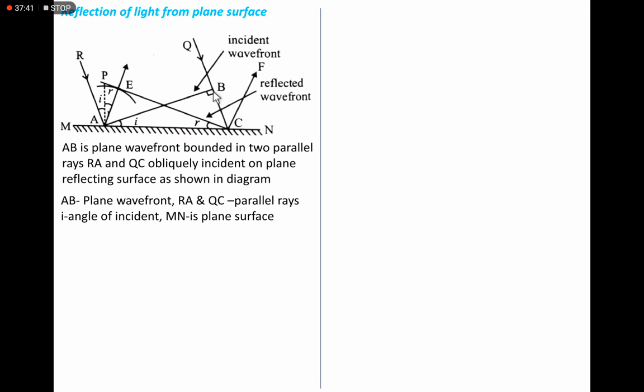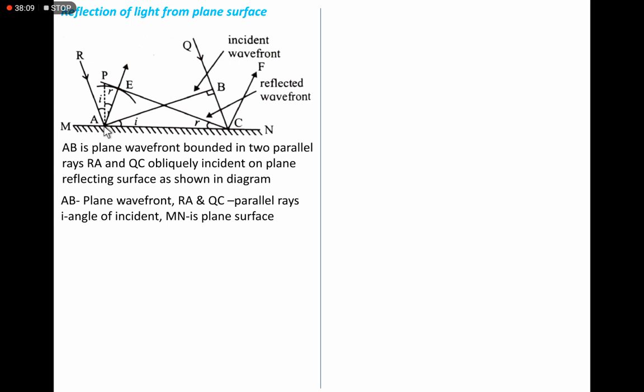B is a point of the wavefront, which successively reaches the point C in time t. It takes time. Due to oblique incidence, A will reach first and B will successively reach the point C in time t.